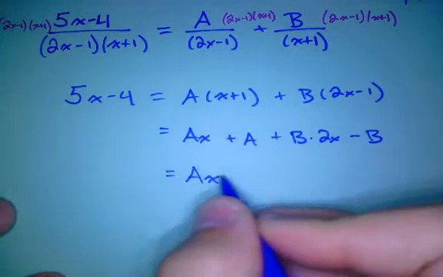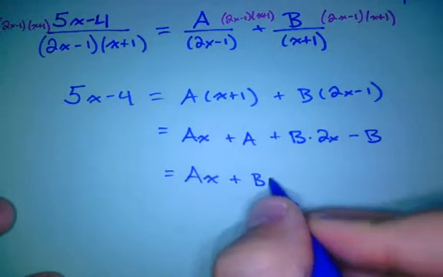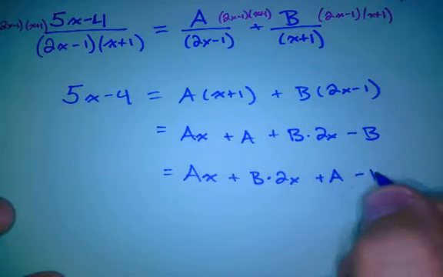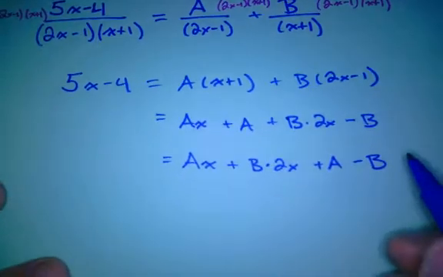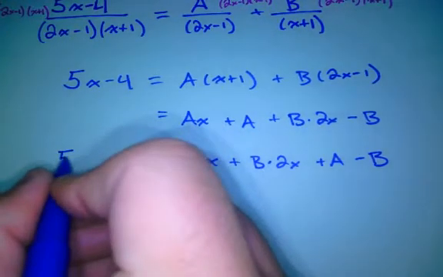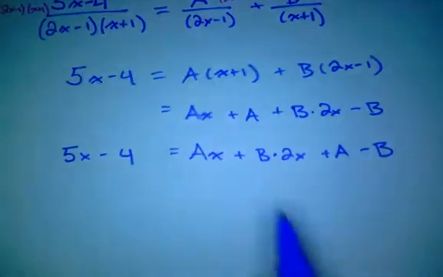So I'm going to do Ax plus B times 2x plus A minus B. All I did was rearrange. Okay? And this gives me a 5x minus 4.